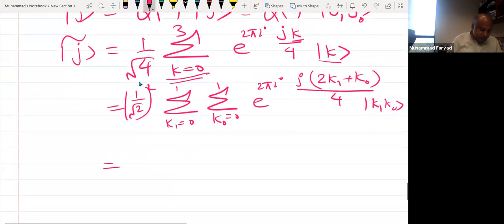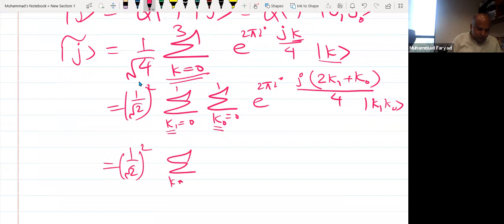So it means I can now separate these into two different sums, a sum over k1 and a sum over k0. I take the terms in k1 over here: exponential 2 pi iota j 2k1 over 4. So this is j k1 over 2, because this 2 will cancel with 4 and I have 2.